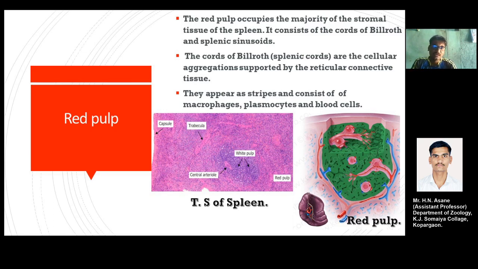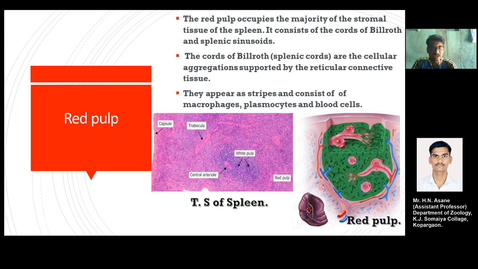So as you can see in this TS, you will see the white pulp highlighted in purple color, and all the other pinkish red shade is nothing but the red pulp, and you will see the red pulp capsule as well as the trabeculae in the grooves.